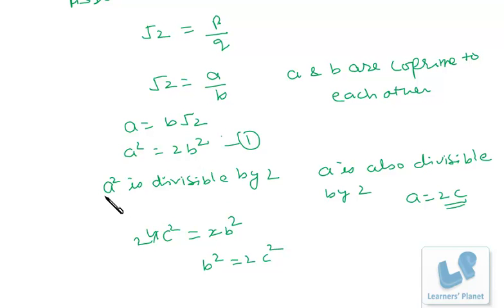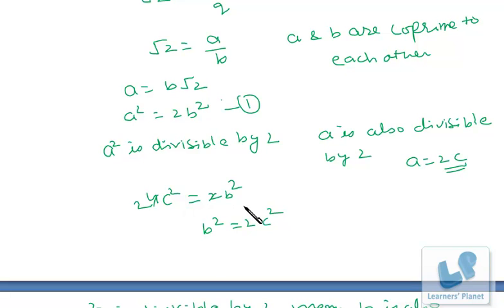According to Euclid's lemma, if a square is divisible by 2, a will also be divisible by 2. Now if a is divisible by 2, we can assume a third integer, maybe c, so a will be equal to 2c because a is a multiple of 2. Now we put the value of a as 2c in this equation. So we got 4c square is equal to 2b square. That means b square is equal to 2c square.